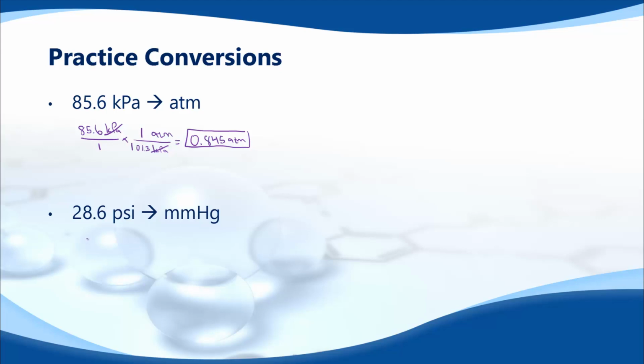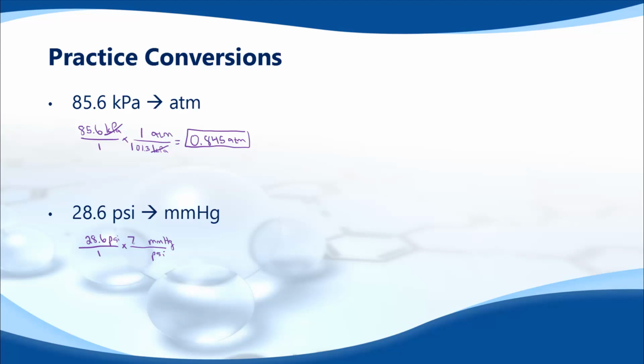Okay, so our 28.6 psi is what we're starting with, so 28.6 psi. Our conversion factor, I want to be in mmHg, so I'm going to put that in the numerator. I'm coming from psi, so that's the denominator. The numbers here I write from the equality.